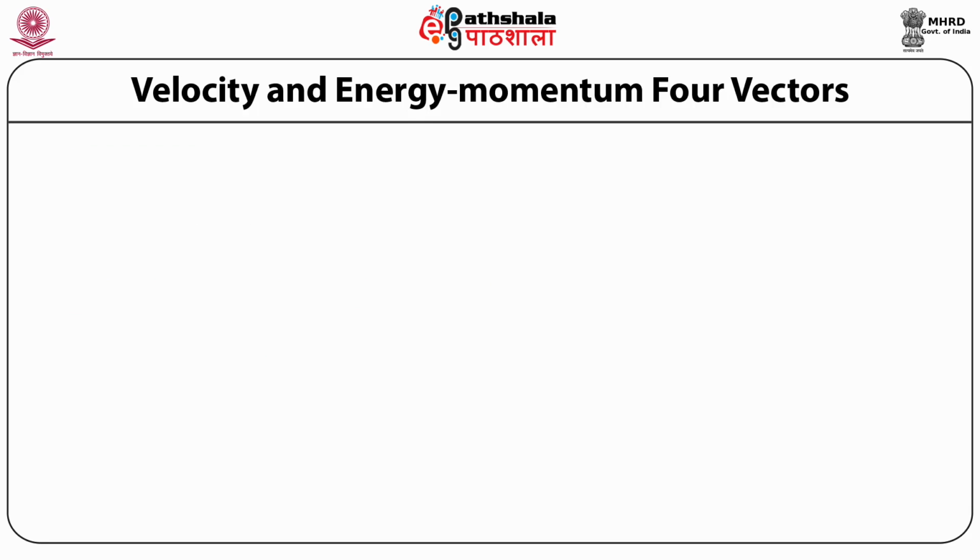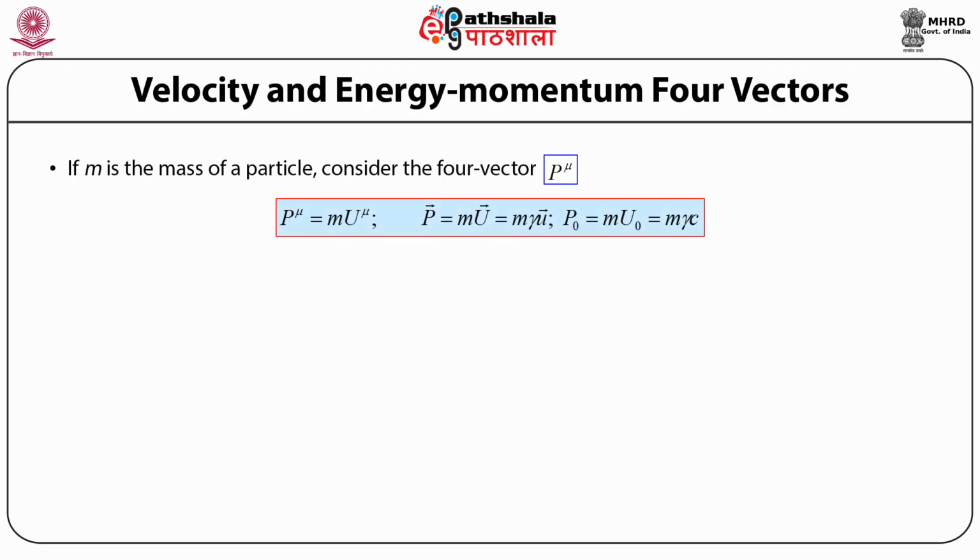So from this definition of the velocity 4 vector, if the mass of the particle being considered is m, then we can consider another 4 vector denoted by the symbol capital P superscript mu, and this capital P superscript mu is equal to m times capital U superscript mu, where m is the mass of the particle and capital U superscript mu is the velocity 4 vector of the particle.